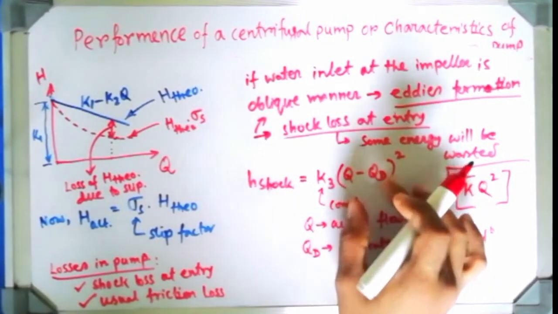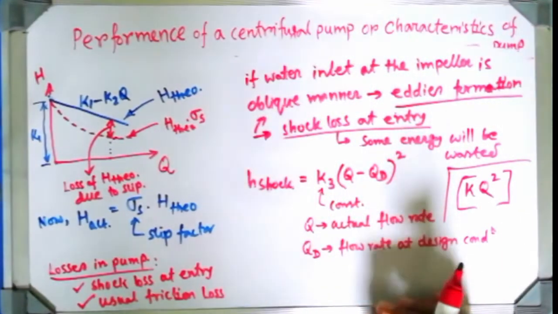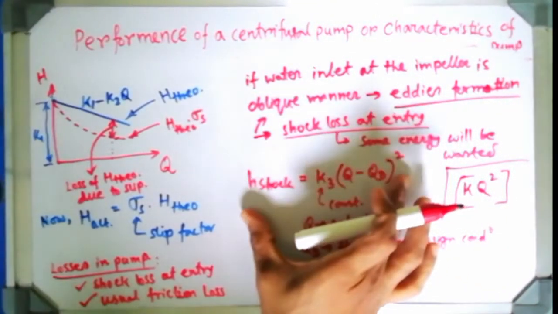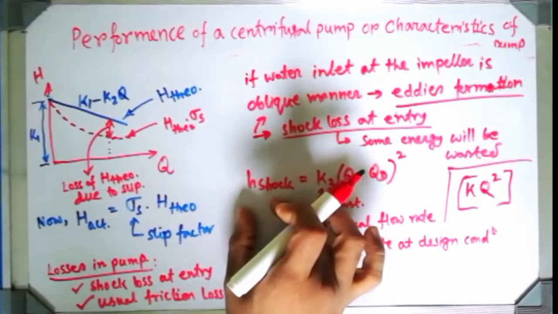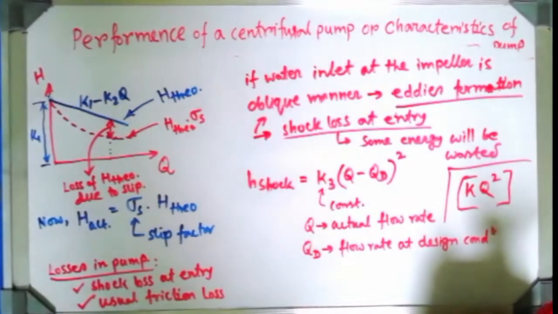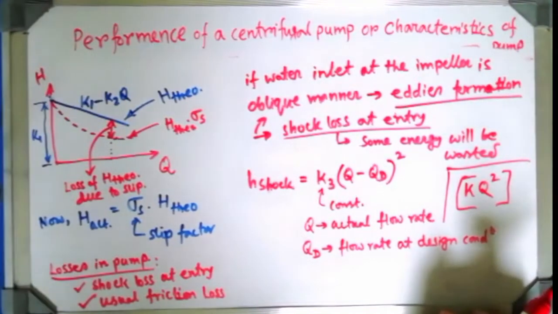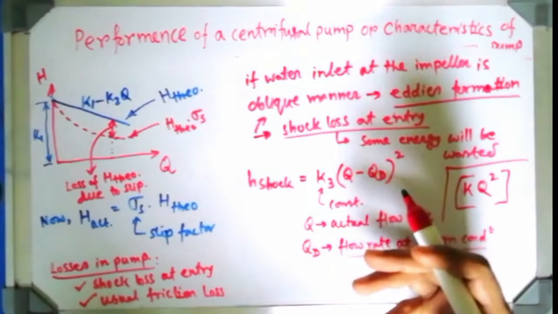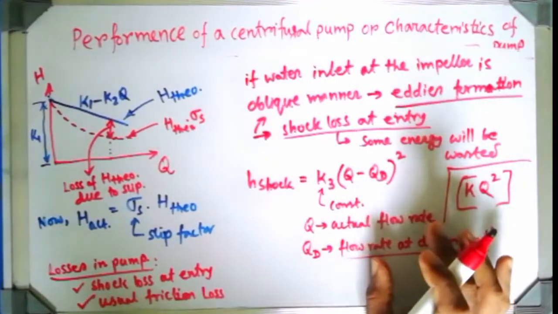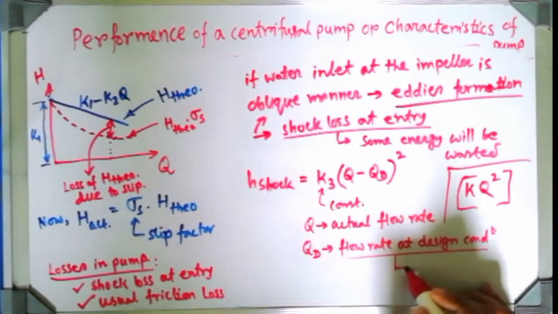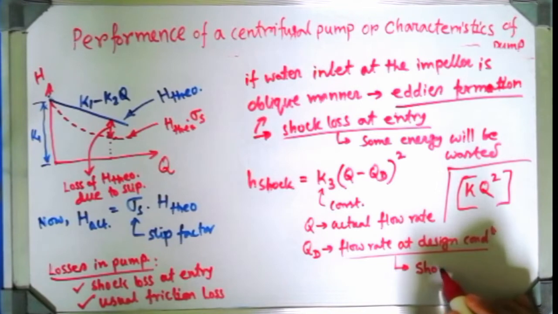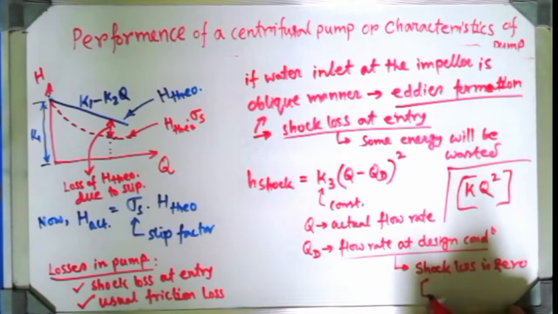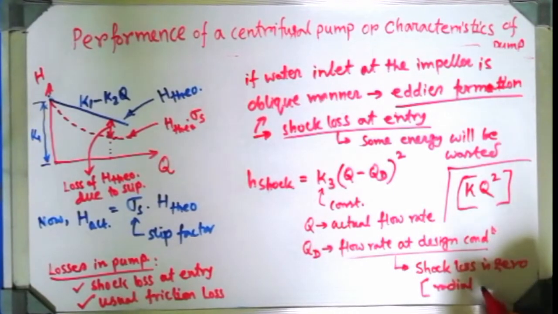If you take the difference, then you get what amount of loss is occurring due to this shock loss at entry. So this equation will give you what amount of head is lost for this shock loss. QD is the flow rate at design condition. The design is actually made without considering this shock loss. While the design is being made, at that point we consider that shock loss is zero, because radial entry was considered.